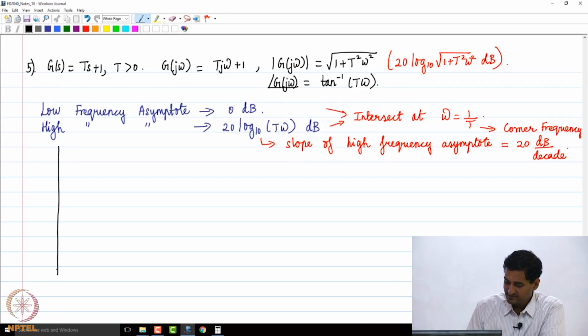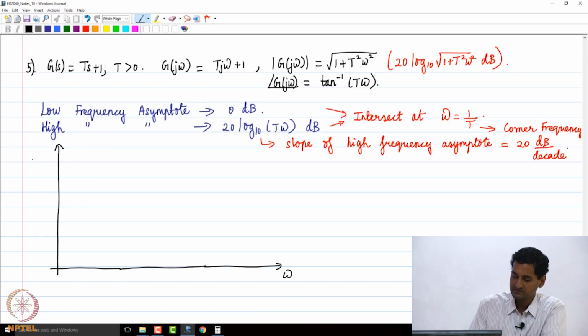Once again, if I plot the magnitude curve for this in decibels, what would happen? Let's say this is 0, this is 20.